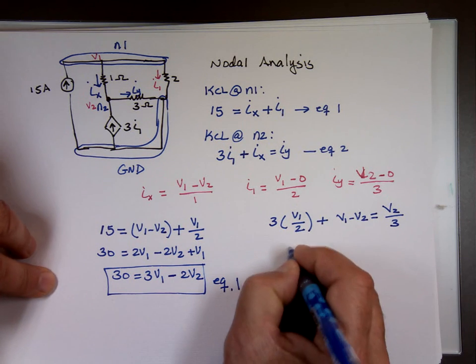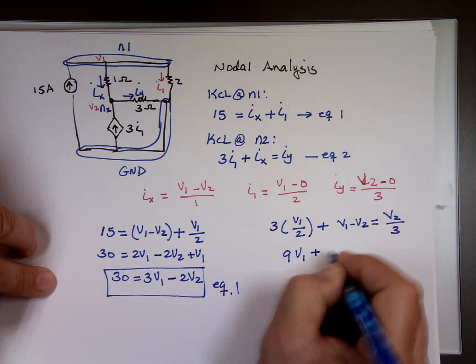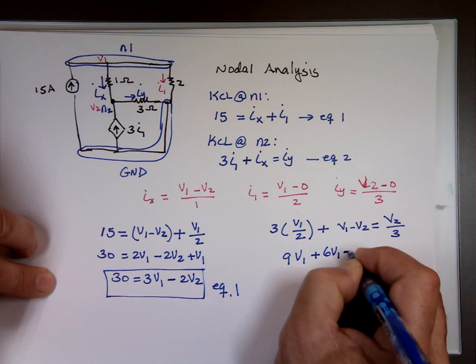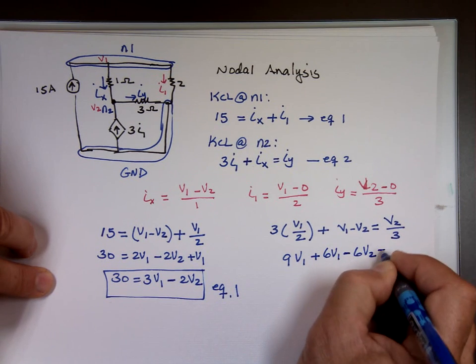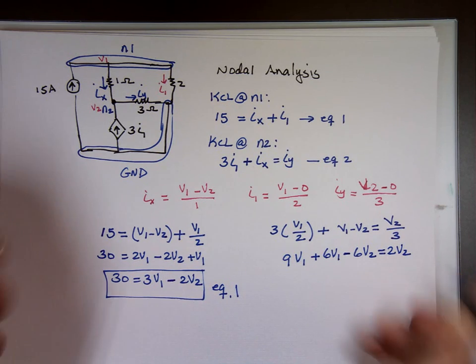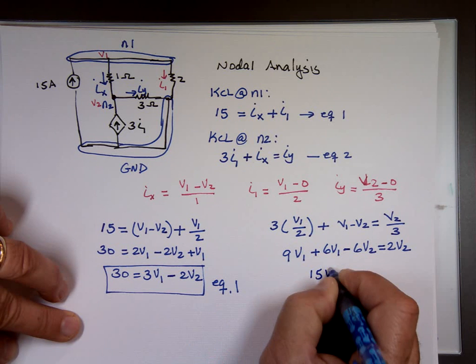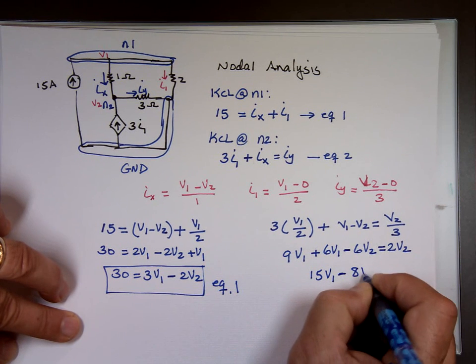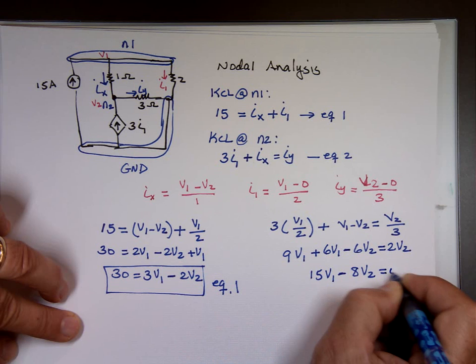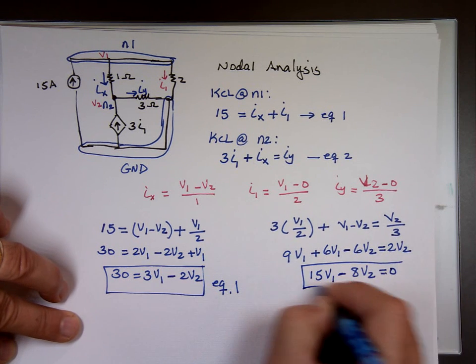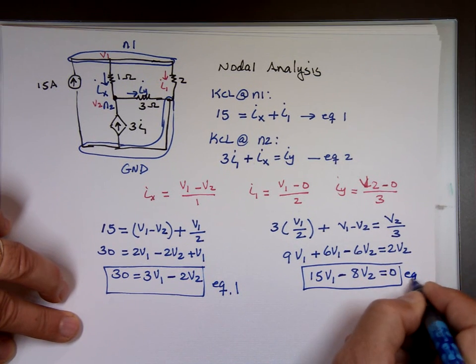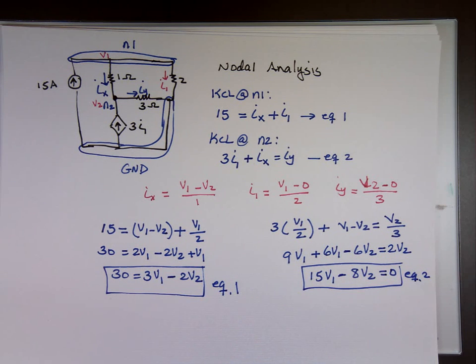That'll be 9V1 plus 6V1 minus 6V2 equals 2V2. Is that 15V1 minus 8V2 equals 0? And that's my equation 2. I have 2 equations by 2 unknowns. I have to solve them. Now it's algebra.